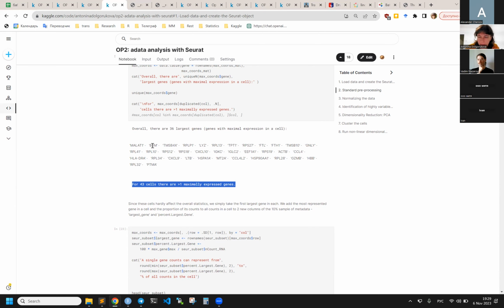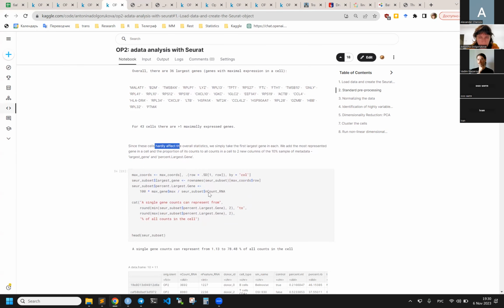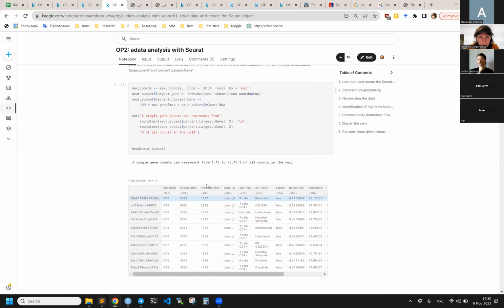We can get two genes with maximal counts, and since there are only 43 among our many cells, I just took the first one and skipped the others. But I don't think this influences the overall statistics much, so we just go with this.